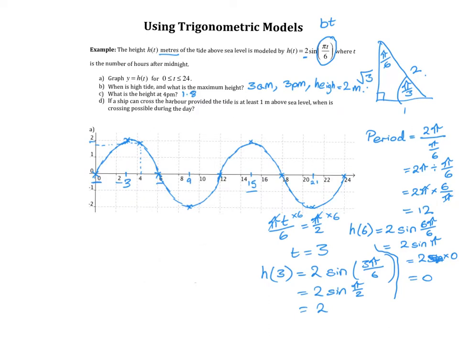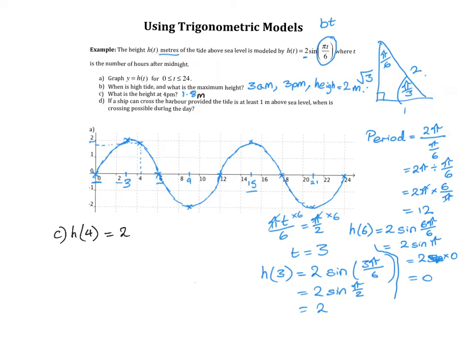So now we're doing C, and we're going to try and find a better value than our approximation of 1.8. So this first value, 1.8 meters, that's an approximation using our graph. Now let's try and be a bit better than that. So in other words, we want to know the height when t is 4.